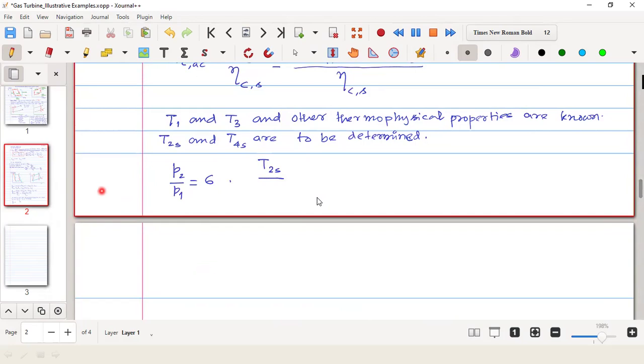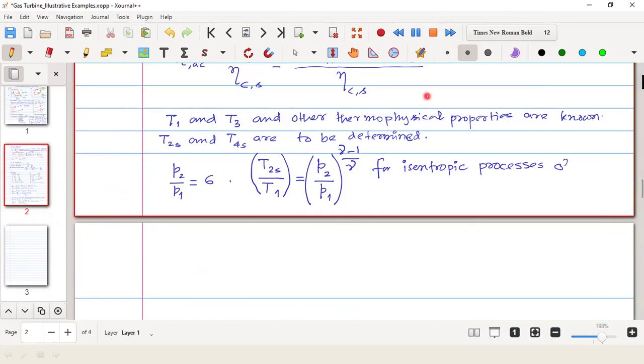So basically T2 divided by T1 is equal to Rp to the power gamma minus 1 by gamma. That is from the isentropic process of an ideal gas, which you have already used many times. That is why I'm not deriving it here.